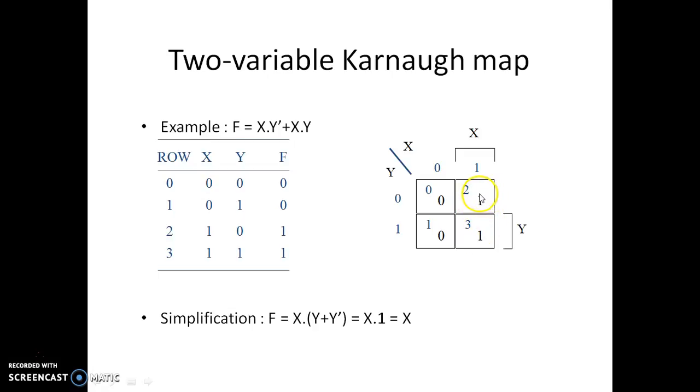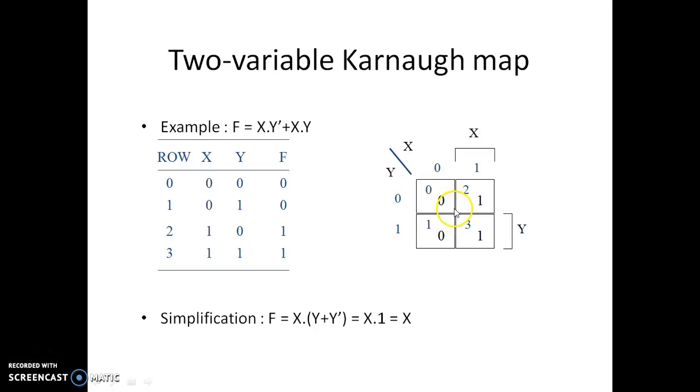Now in the K-map we have to group the largest possible combination. Here is the largest possible combination. We have to group these ones into a single group. This is the X column and this is the X dash column. In the same way, this is the Y row and this is the Y dash row.